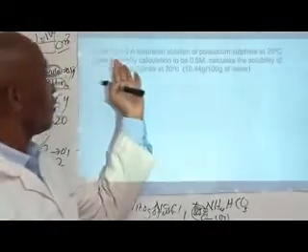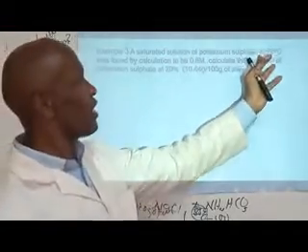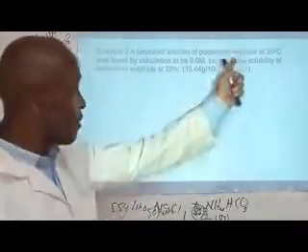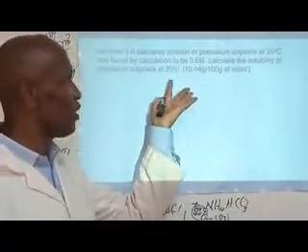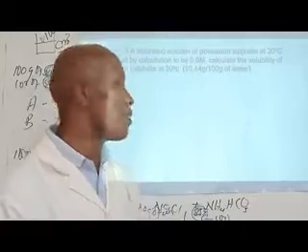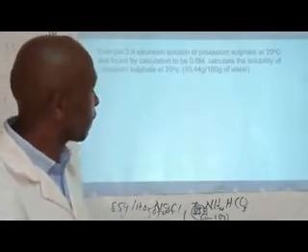Now, another example for us. Example 3. A saturated solution of potassium sulfate at 20 was found by calculation to be 0.6 molar. Calculate the solubility of the potassium sulfate. This one doesn't have very many steps. You can work it out and get to 10.44 grams per 100 grams of water.